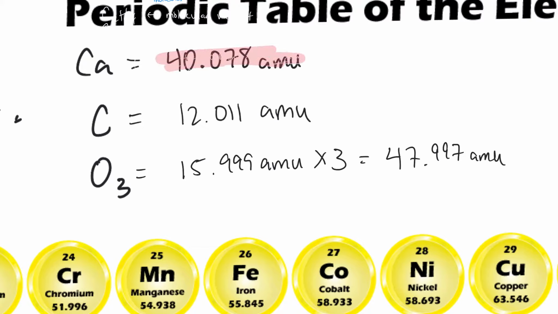And now we're going to add up these 3 numbers. Add up your calcium atomic weight with the carbon atomic weight with the oxygen's atomic weight to get our formula weight for calcium carbonate.